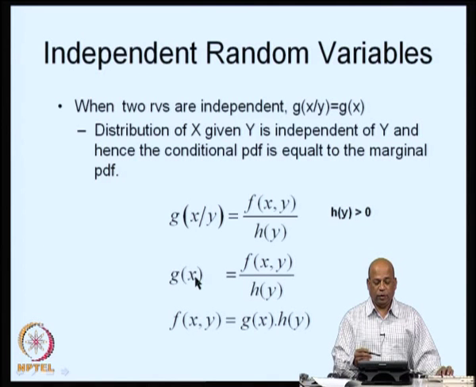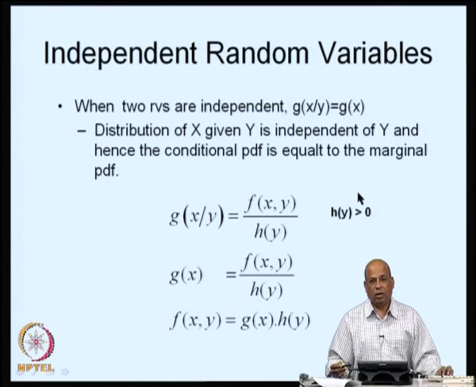And from the definition of the conditional density, recall that g of x given y is given by the joint density f of x comma y divided by the marginal density h of y, for h of y strictly positive.